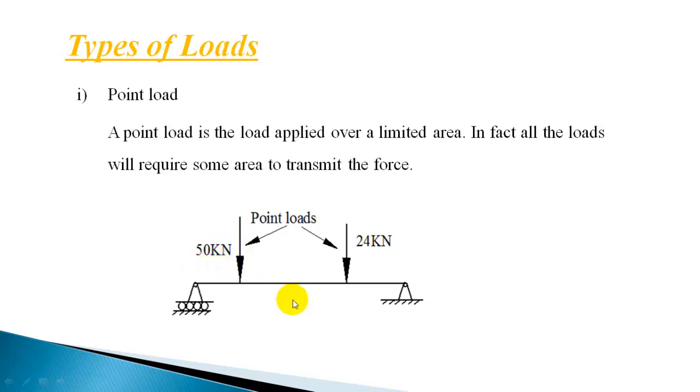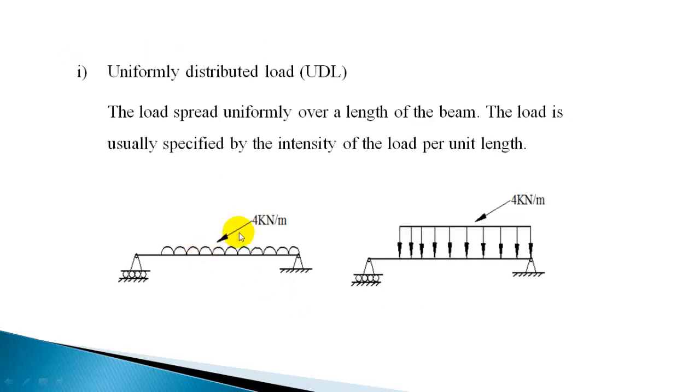Whereas in this case, the intensity will be given in kilonewton per meter. That is, what is the load acting in 1 meter length? In 1 meter, 4 kilonewton. Suppose 4 meter is there, 4 into 4, 16 kilonewton. So the intensity will be given. The weight of the beam itself is a uniformly distributed load.